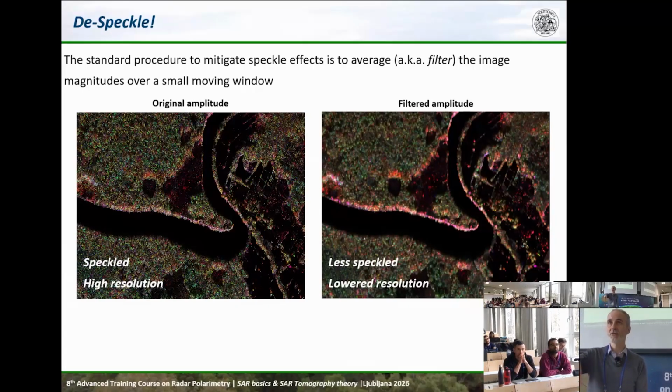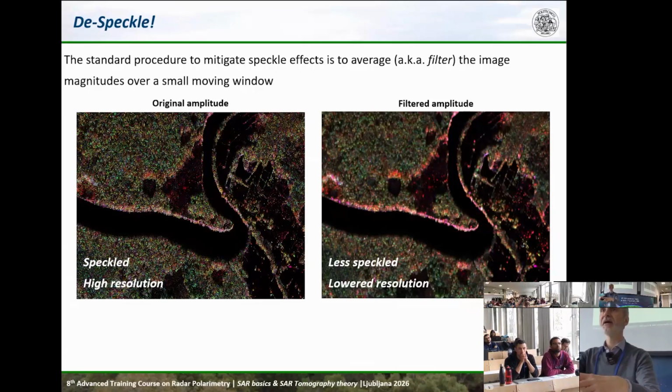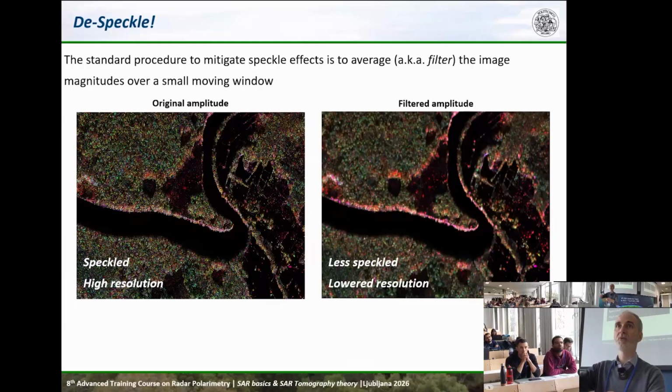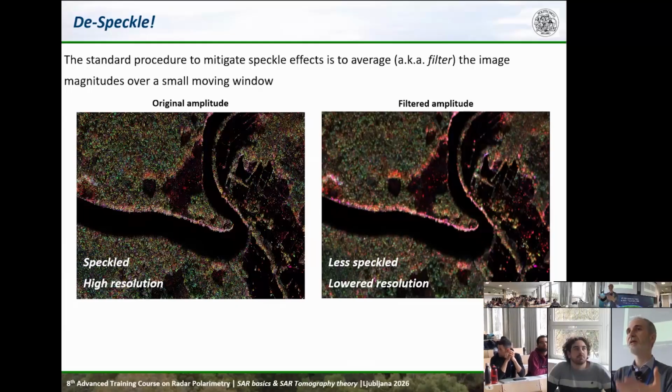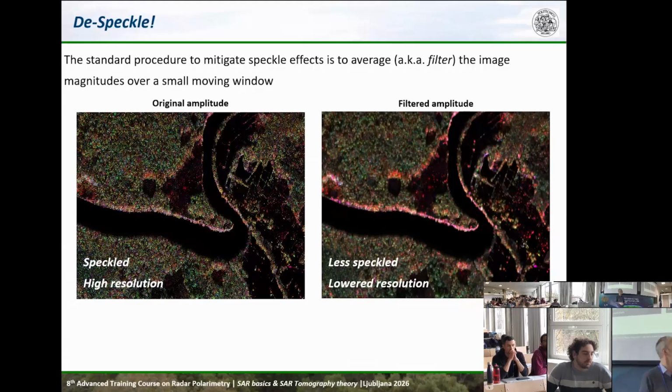So basically you substitute the value of each pixel with an average of the magnitude of its neighborhood.